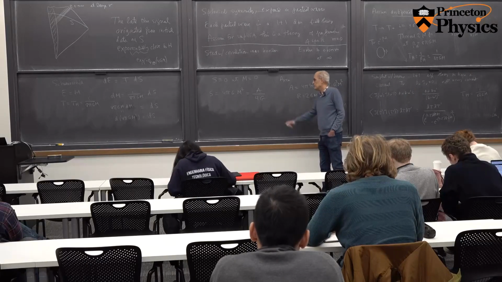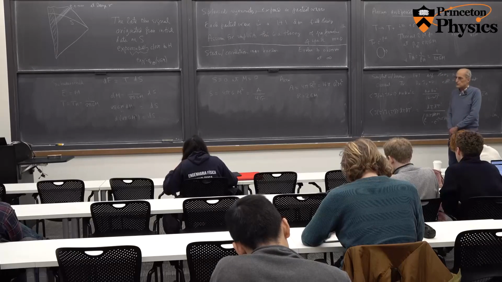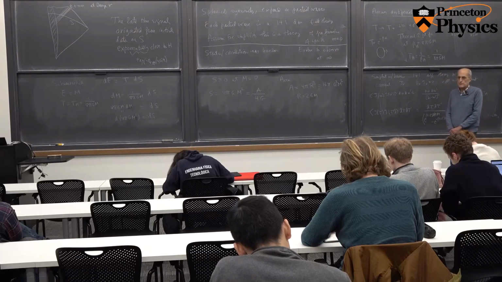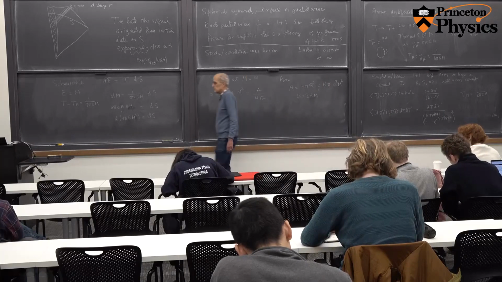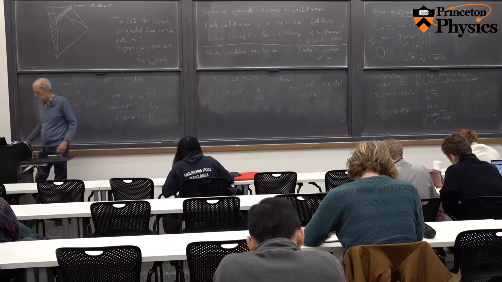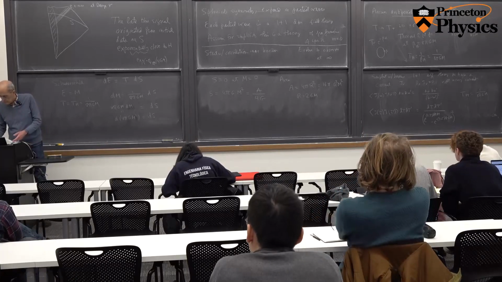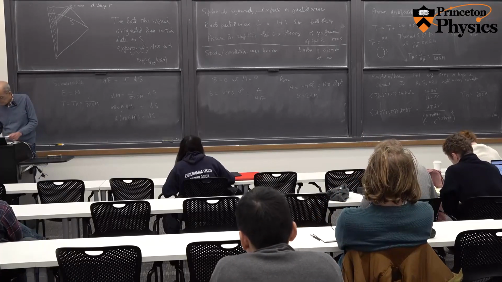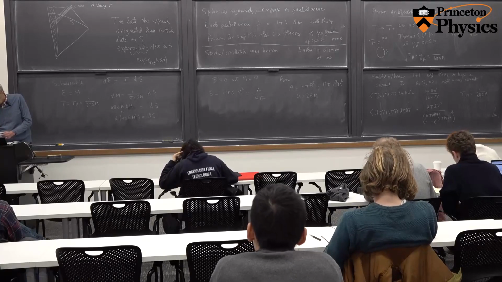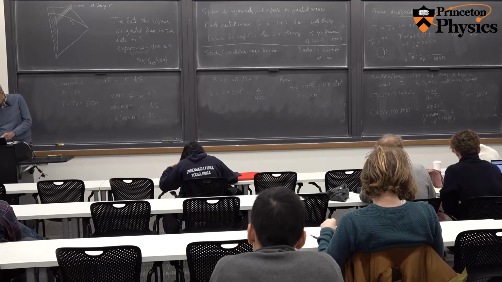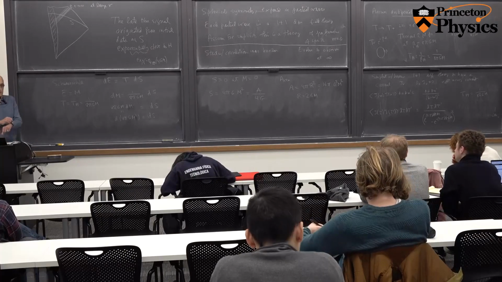This is how Hawking confirmed Bekenstein and also determined that the constant is 1/4. Okay. Any more questions?